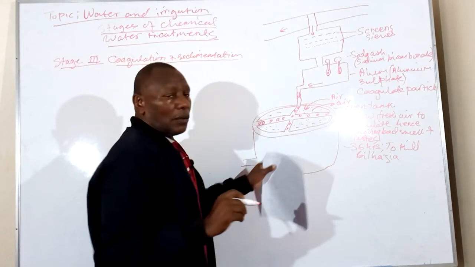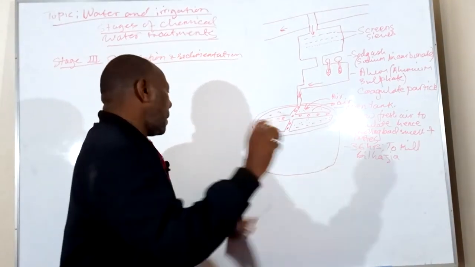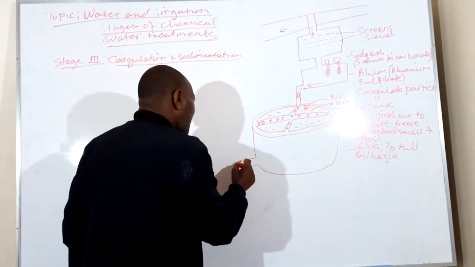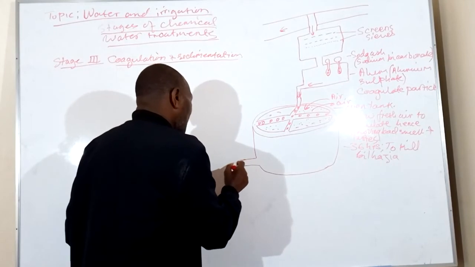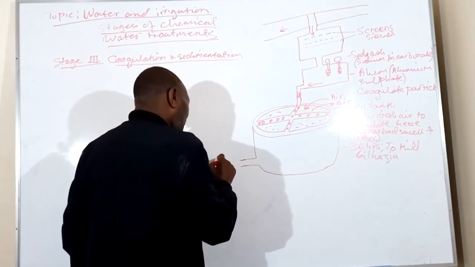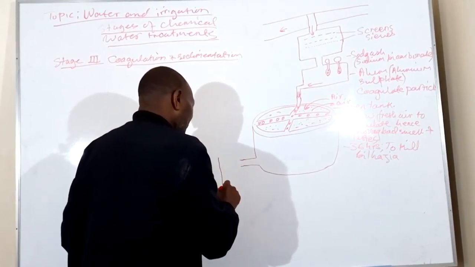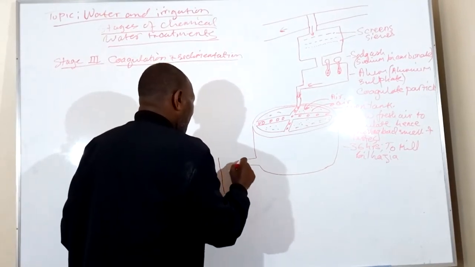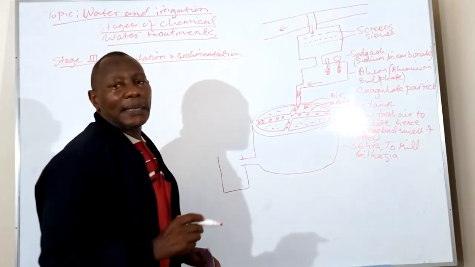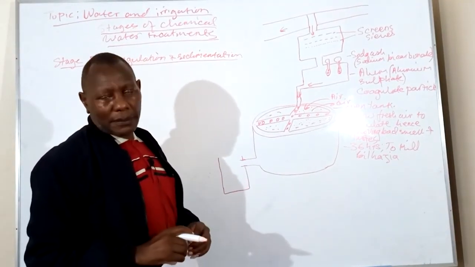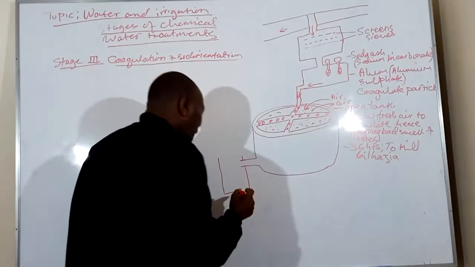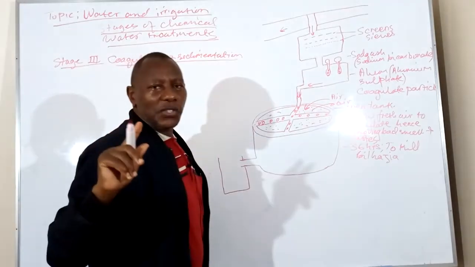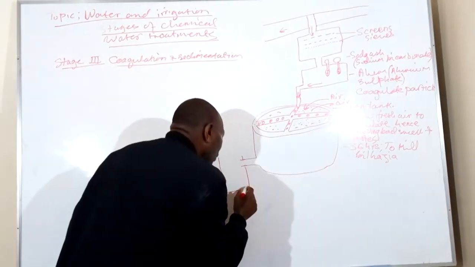This water is allowed to flow out of the tank, and it flows into another very small tank. And this tank contains gravel, laid from the large size to the small size.